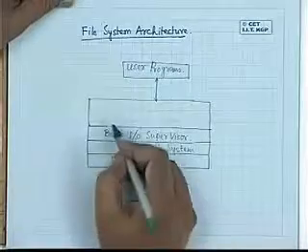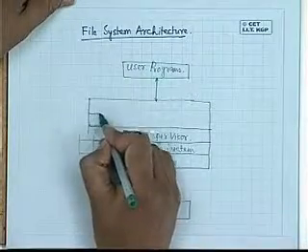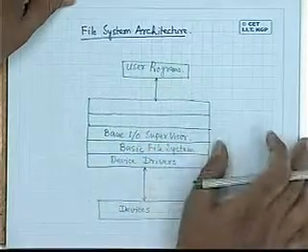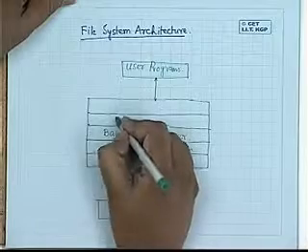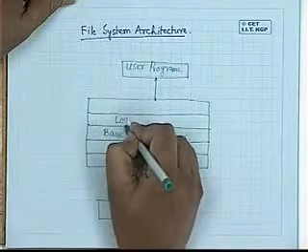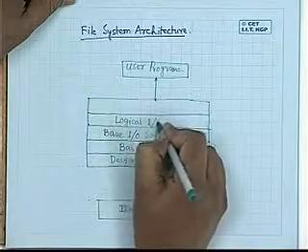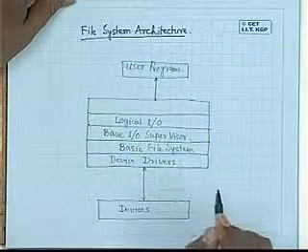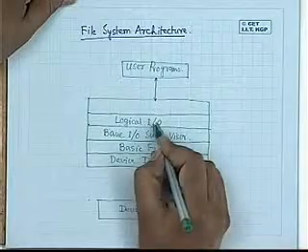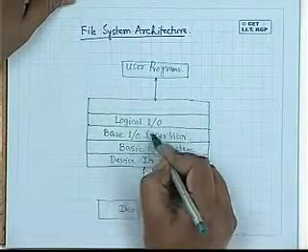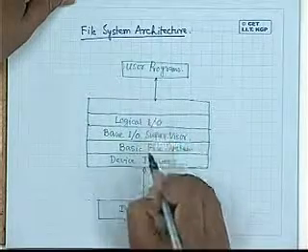Okay, so there is another layer which deals with the records contained in a block. That is what is called logical IO. It is this logical IO which allows the application programs to access different records or different fields in the block.